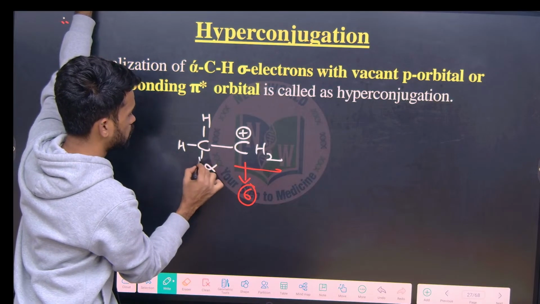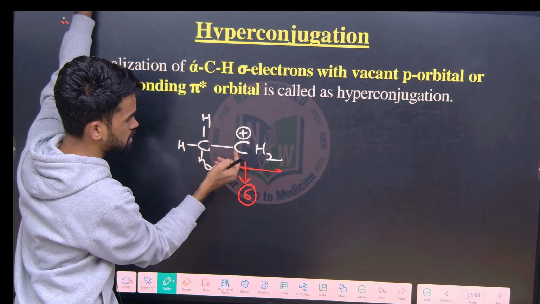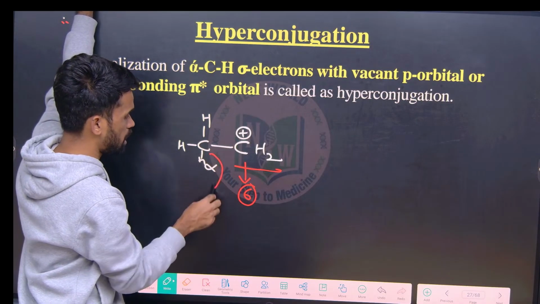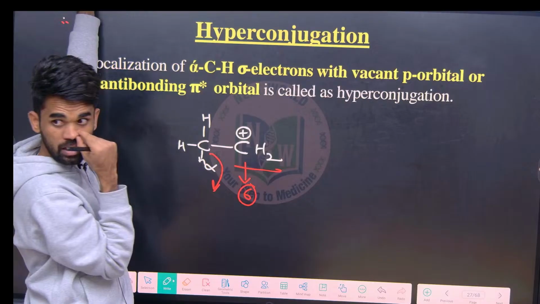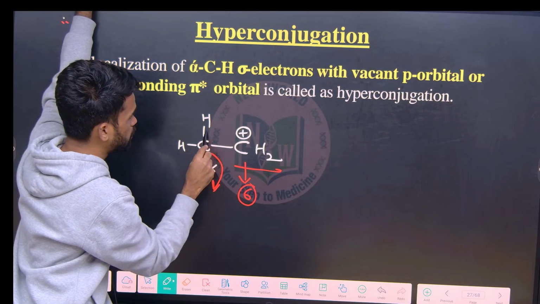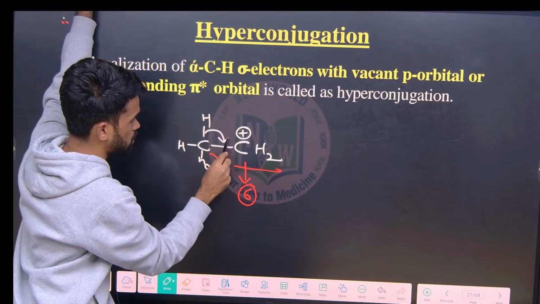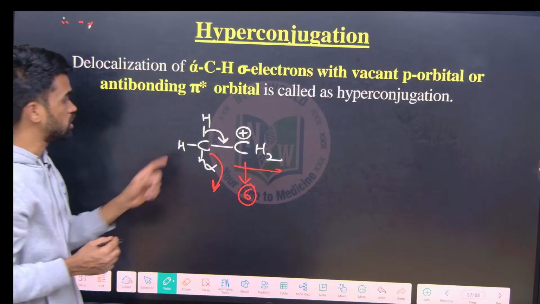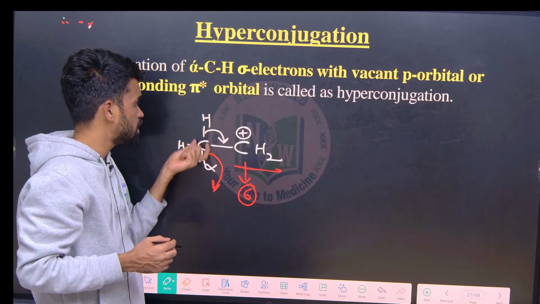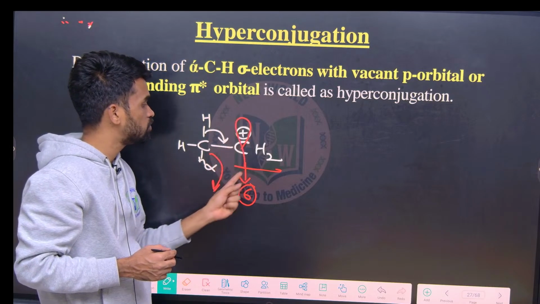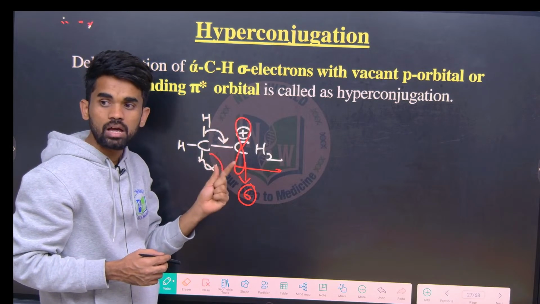The adjacent carbon of this carbocation is called the alpha carbon, and the hydrogens on it are called alpha hydrogens. So how will it shift? It will be donating sigma CH bond electrons to the carbon. So the delocalization of alpha CH sigma bond electrons into the vacant p orbital of this carbocation is called hyperconjugation.